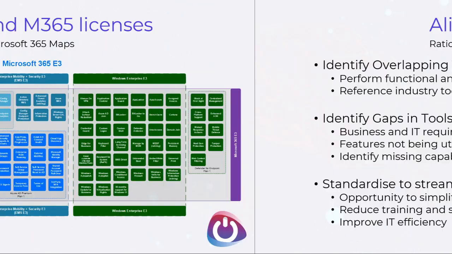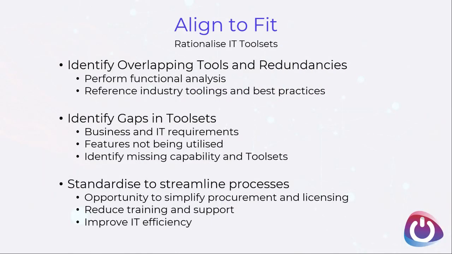So once you've understood it, you need that alignment. So your line to fit is where you start rationalizing those tool sets. So we're going to show you how we do it. Phil's given away some of it already, but in general, this is where you're literally just trying to identify things, right? Identify overlapping tools, identify older things that are redundant. So you're looking at function analysis. You're looking at, as I mentioned earlier, best practices, industry toolings out there, gaps in tool sets.